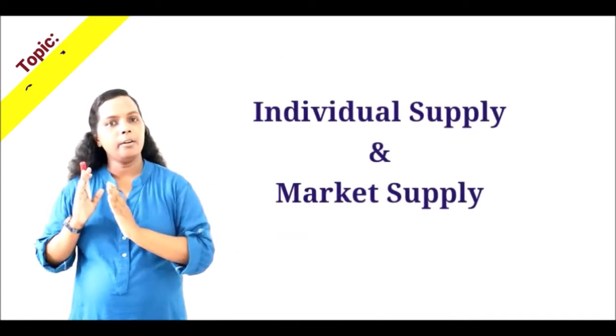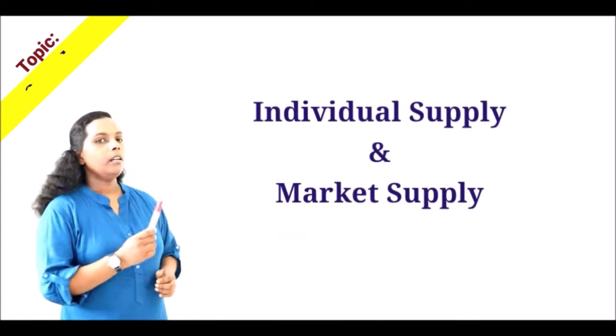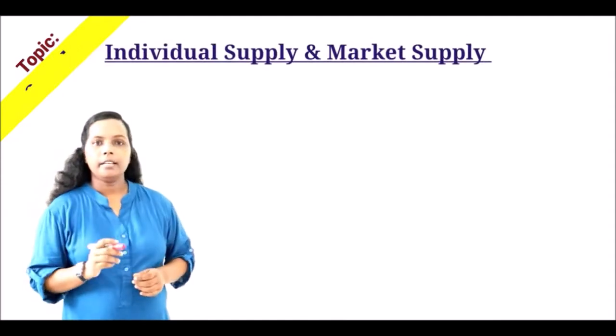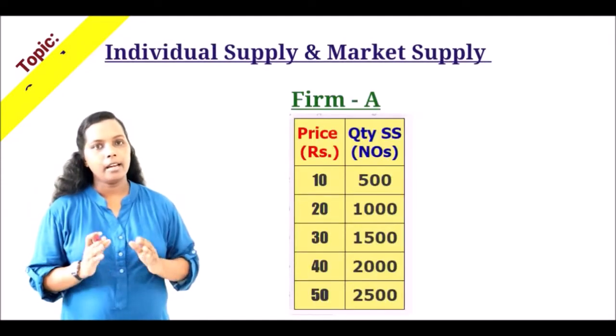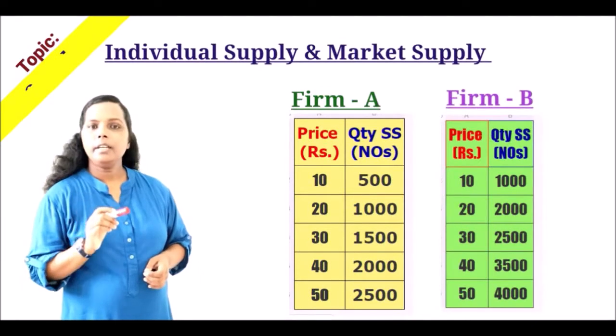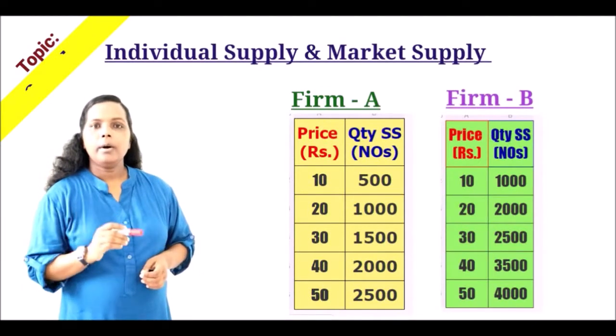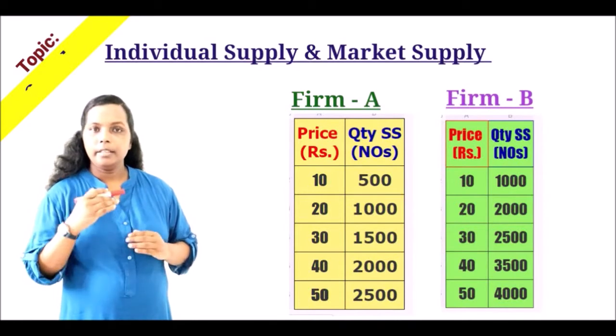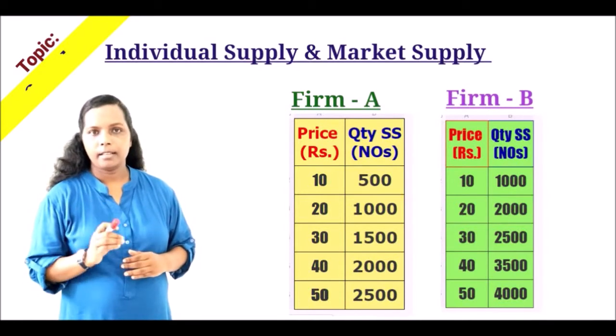Let's move on to the next step, individual supply and market supply. Look at this example. Here, two firms are producing ice cream, firm A and firm B. As seen in this schedule, the quantity supplied of ice cream increases with the increase in price.